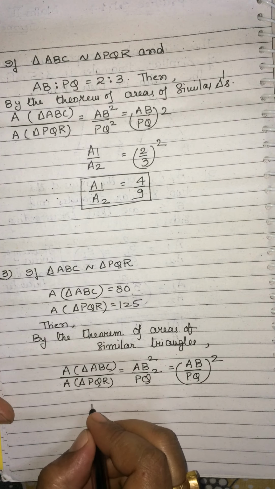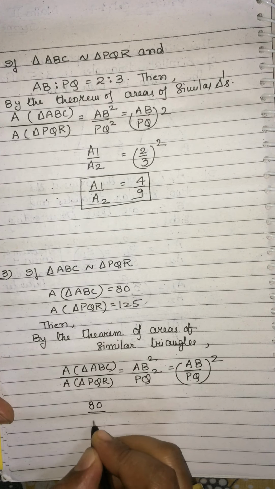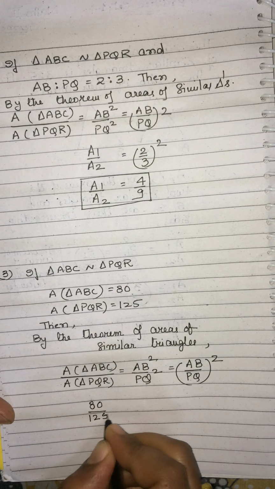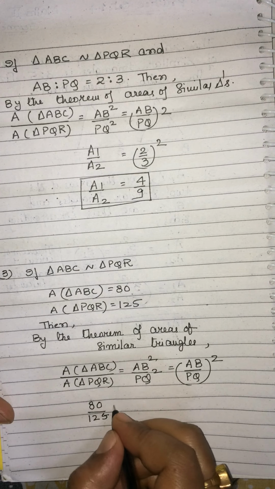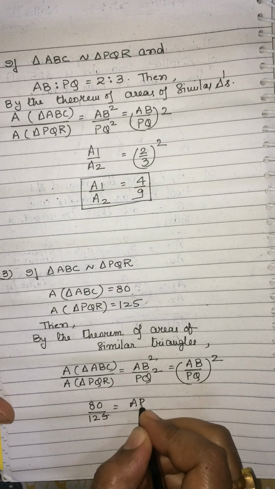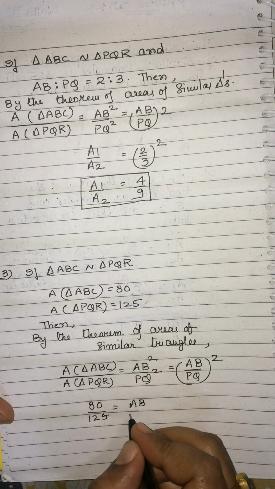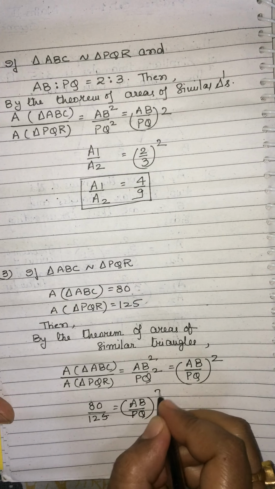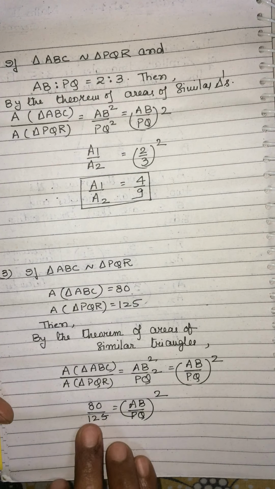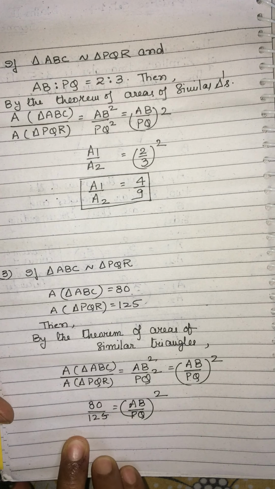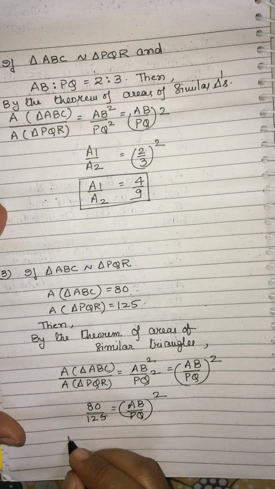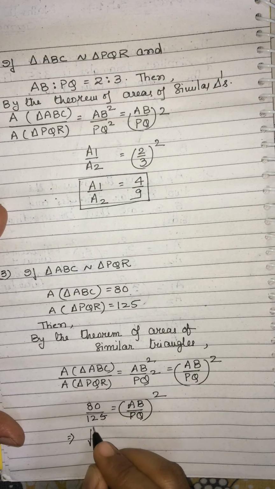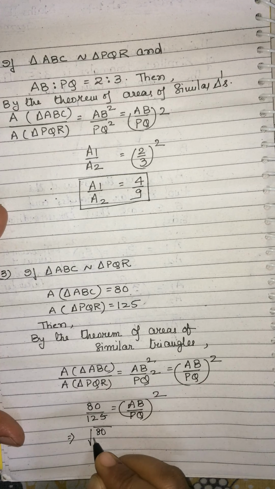The first one is 80 upon 125 is equal to AB upon PQ the whole square. So the whole square goes to the left hand side and it becomes square root.